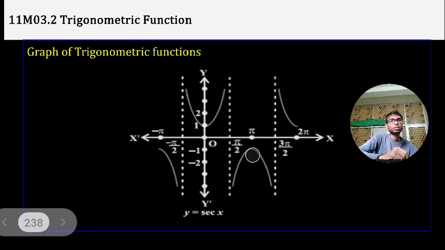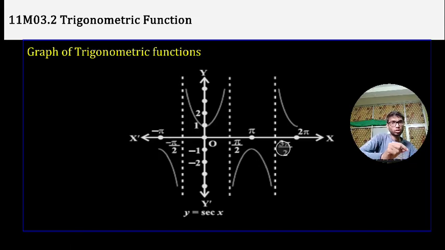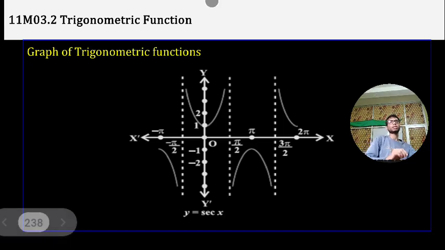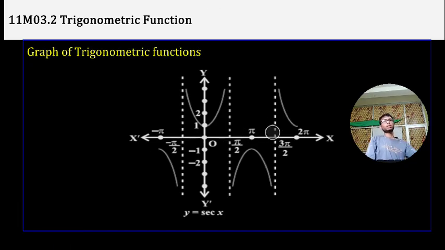At 180, y is minus 1. And here at 270 degree it is infinity on both sides, but at 360 it is starting from 1 again, as you can see. This was the graph of the trigonometric function.